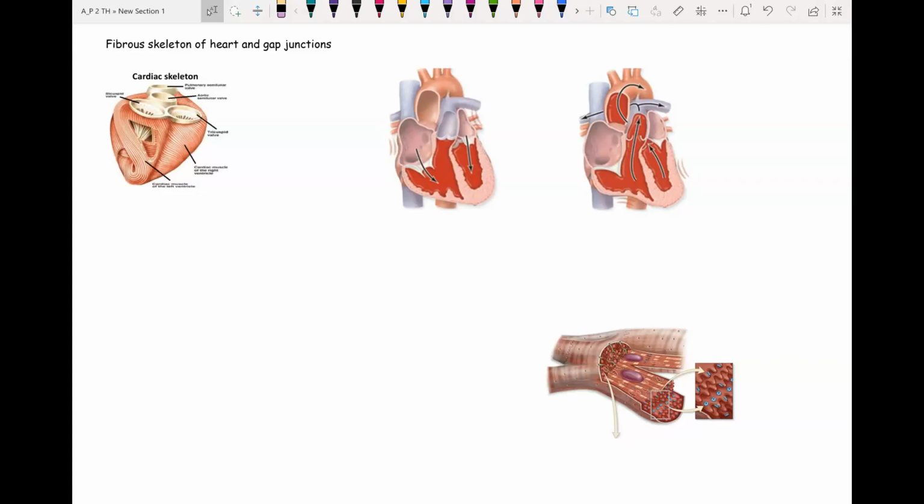The fibrous skeleton and gap junctions are a couple important features of the heart that help it to function correctly. First, let's see what a fibrous skeleton is. This is connective tissue in the heart.